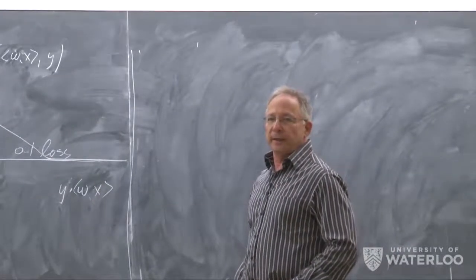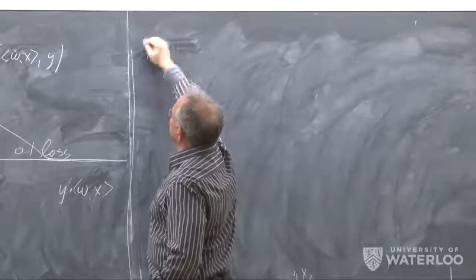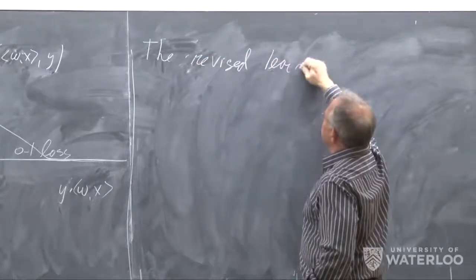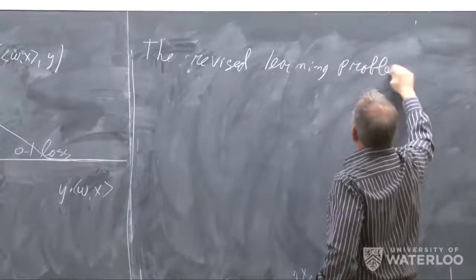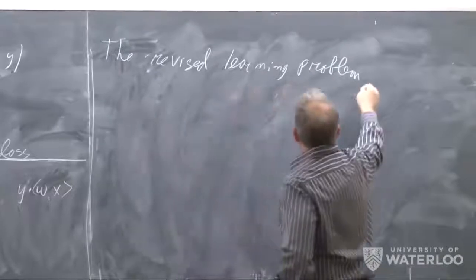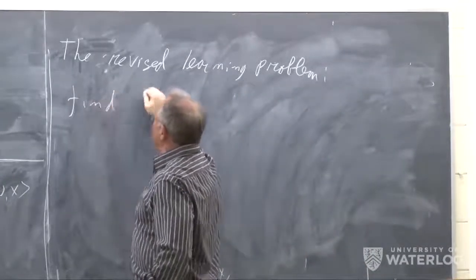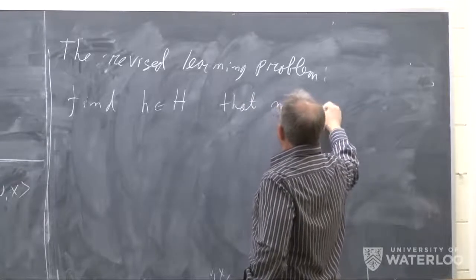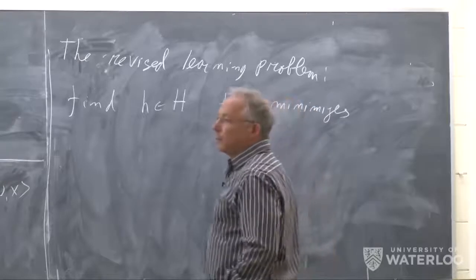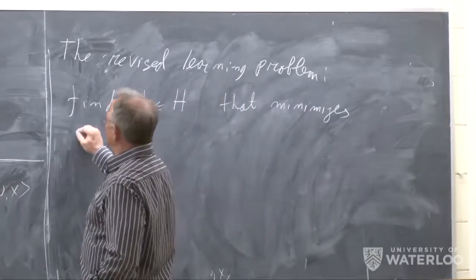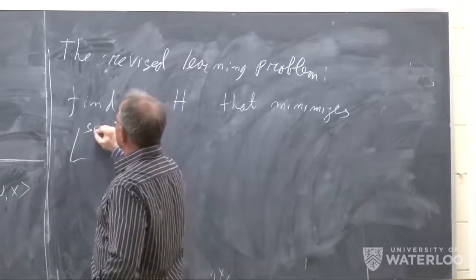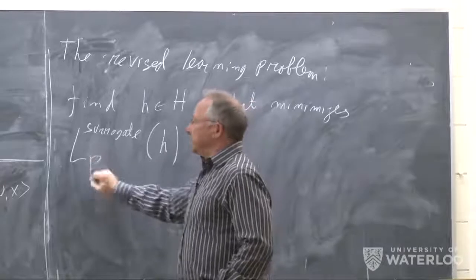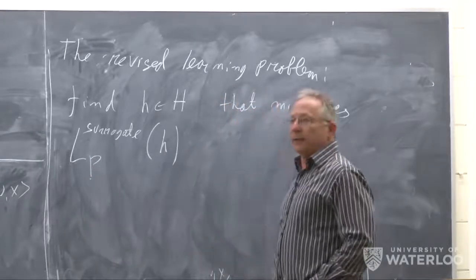So now we have the new or revised learning problem: find h in H that minimizes the new surrogate loss of h over my distribution. That's going to be my new learning problem.